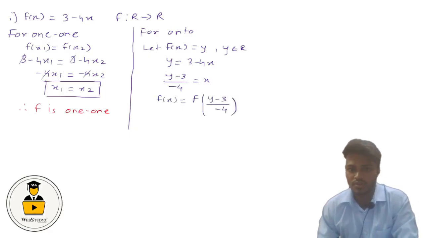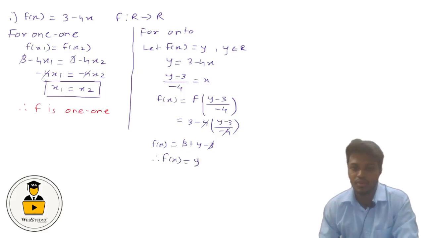So our original function will now become 3 minus 4 of x, where x is y minus 3 upon minus 4. This minus 4 gets cancelled with the denominator minus 4, and we get 3 plus y minus 3. The plus 3 and minus 3 get cancelled and we get f of x equals y, which is our original condition.